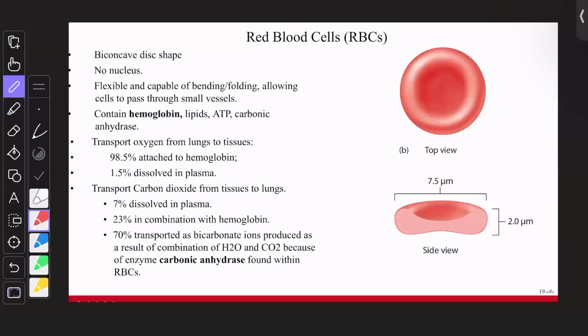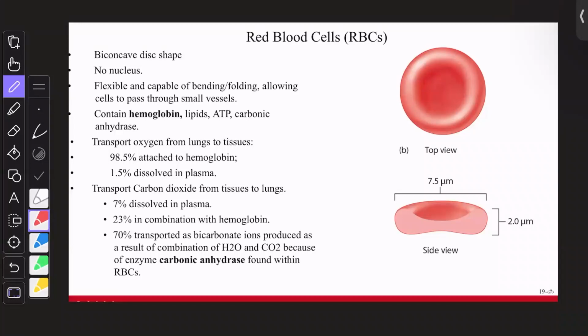Transporting oxygen and carbon dioxide is a really important task of the cardiovascular system. It is done in different ways for each gas. The majority of your oxygen is transported via the red blood cells through hemoglobin.